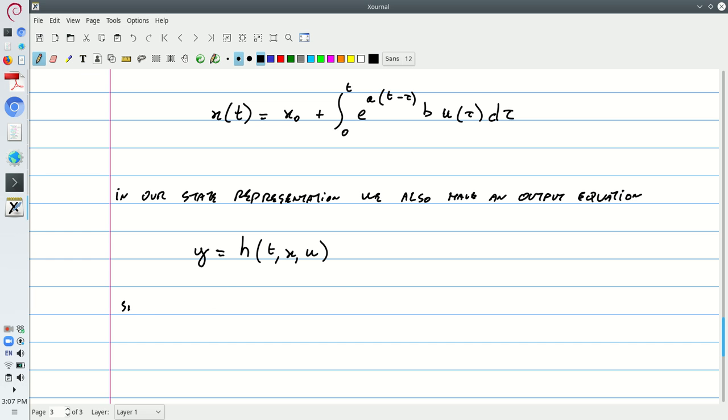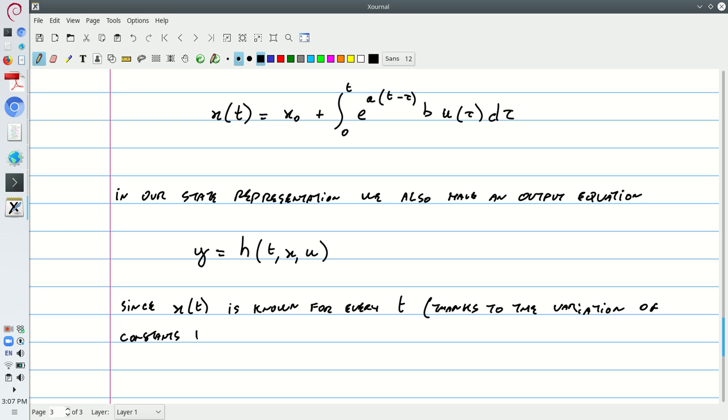Now, since x of t is known for every t, thanks to the variation of constants formula, the determination of the output y of t is immediate.